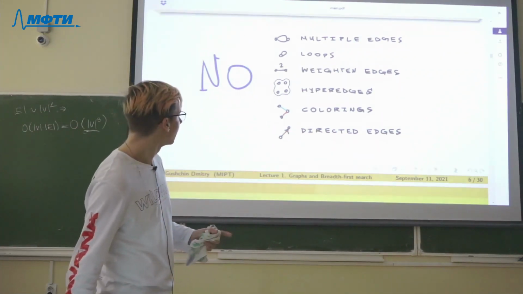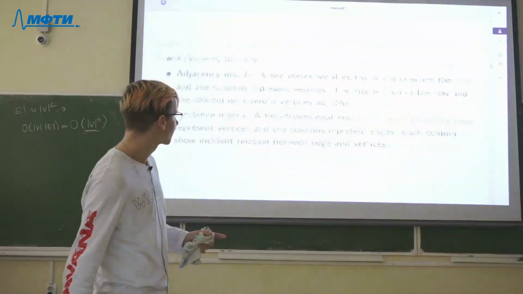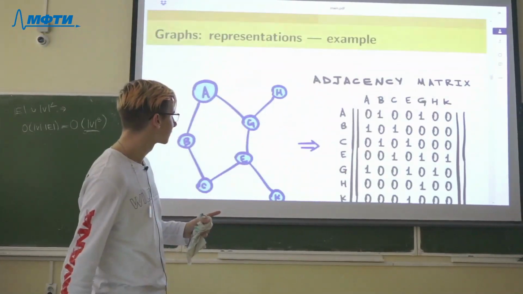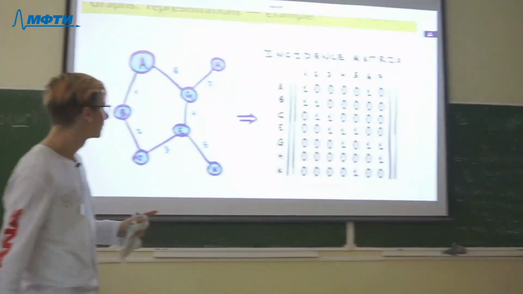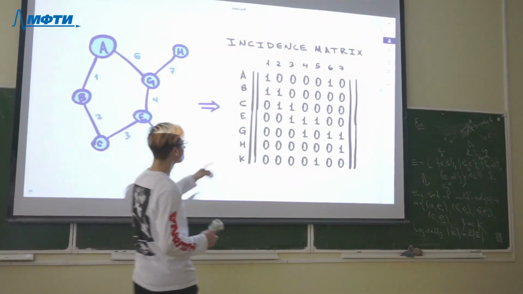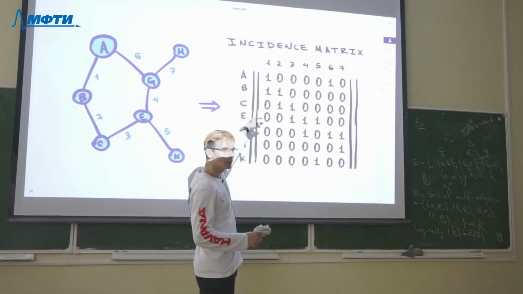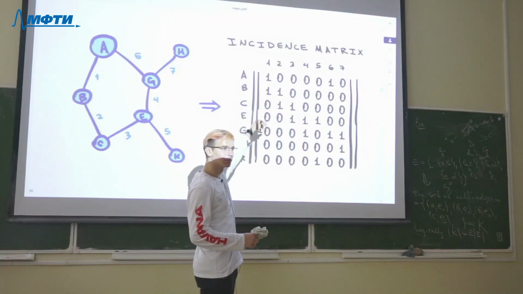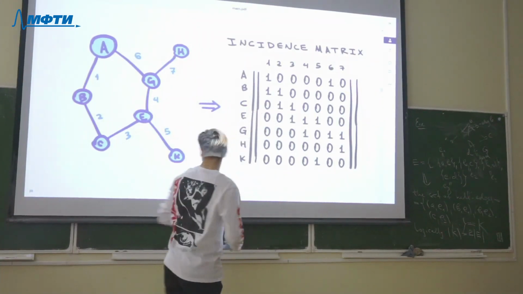So if we have hyperedges, we can use incidence matrix, and we can set more than two rows equal to one or a bigger number.